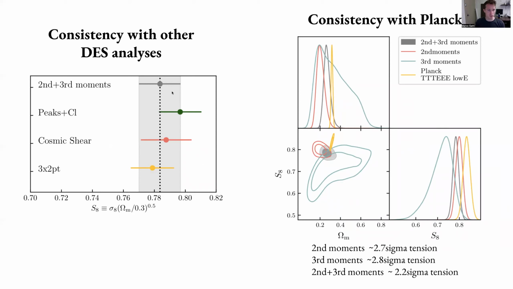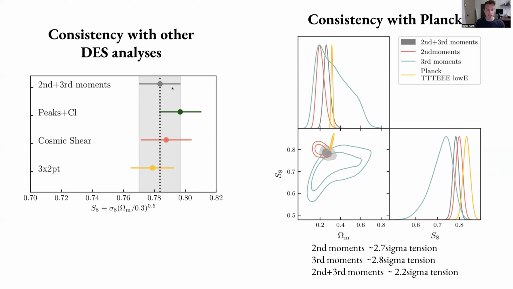Here on the left, you can see the constraints on S8 from the moments analysis in gray, from the peaks analysis in green, cosmic shear in red, and 3x2 point in yellow. First of all, it's great. Everything is pretty consistent. Again, completely different pipelines, moments and peaks, and also different compared to cosmic shear and 3x2 point.